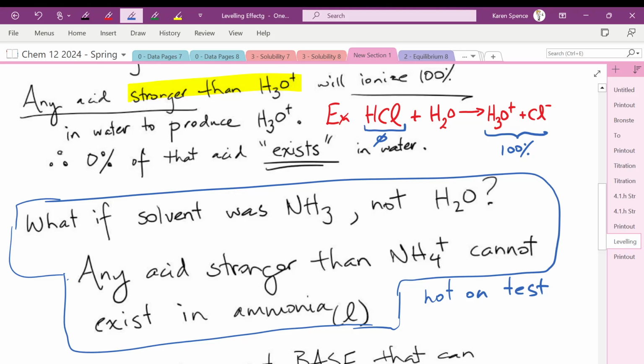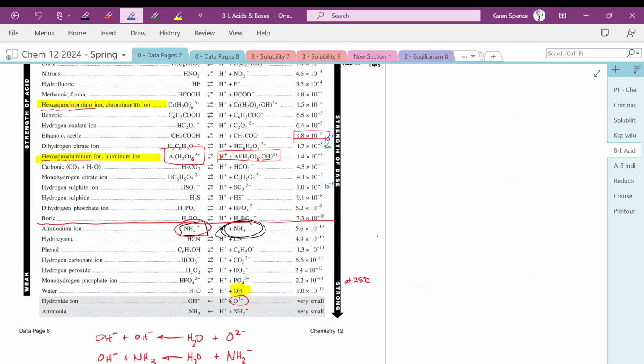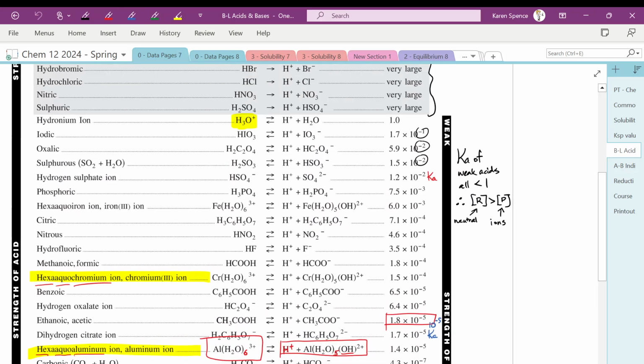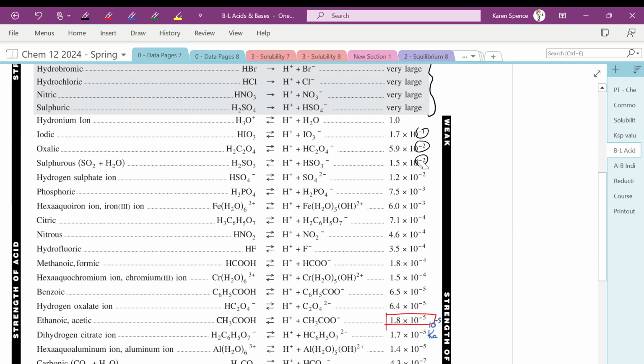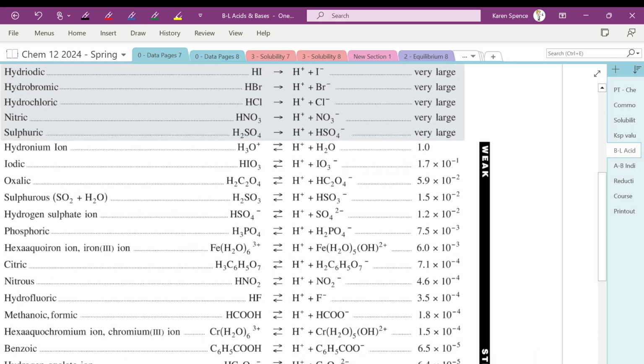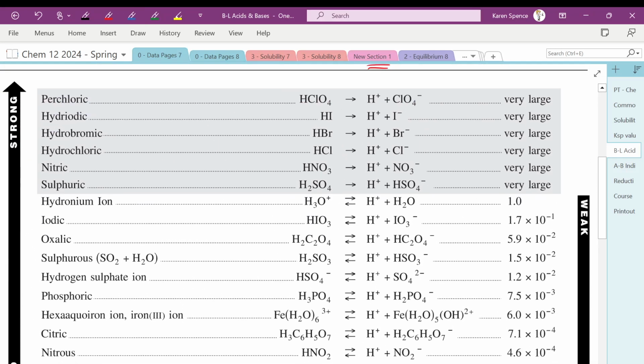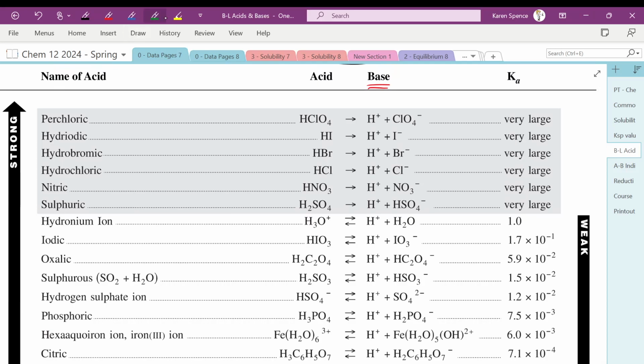So if we take a look at our data pages, get your data pages out if you don't have them out already. If we look at the hydronium ion, it is up here, yes?